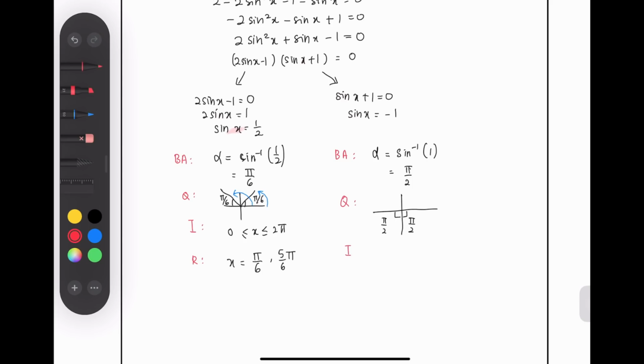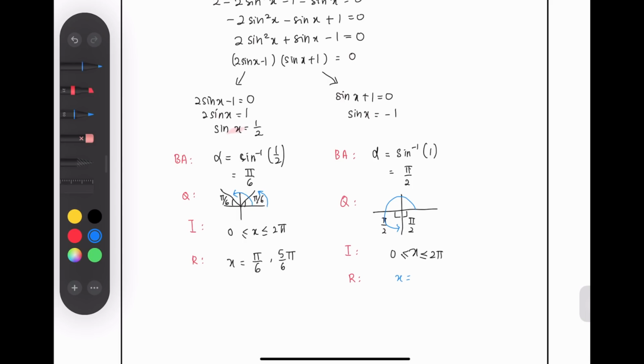So for interval, it's going to be the same, which is x is between 0 and 2 pi. But when we try to do the rotation, the first rotation is this. Also for the second rotation. Okay?